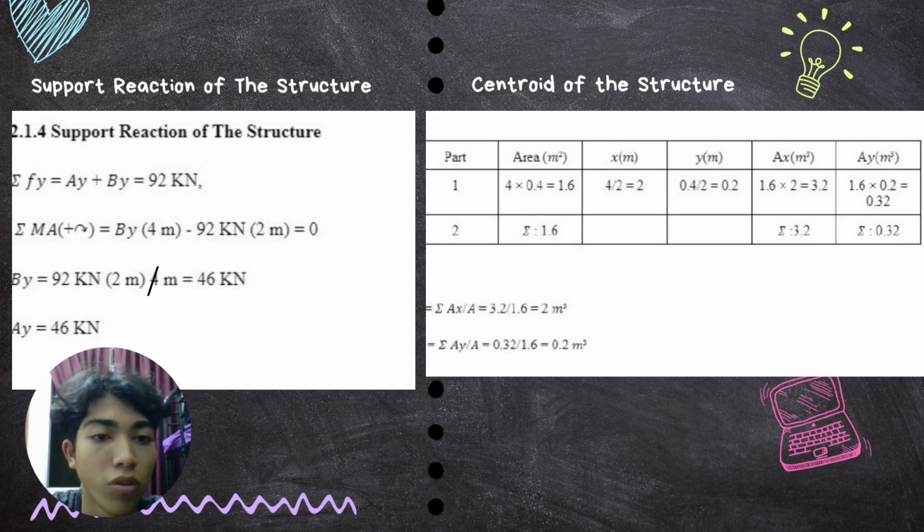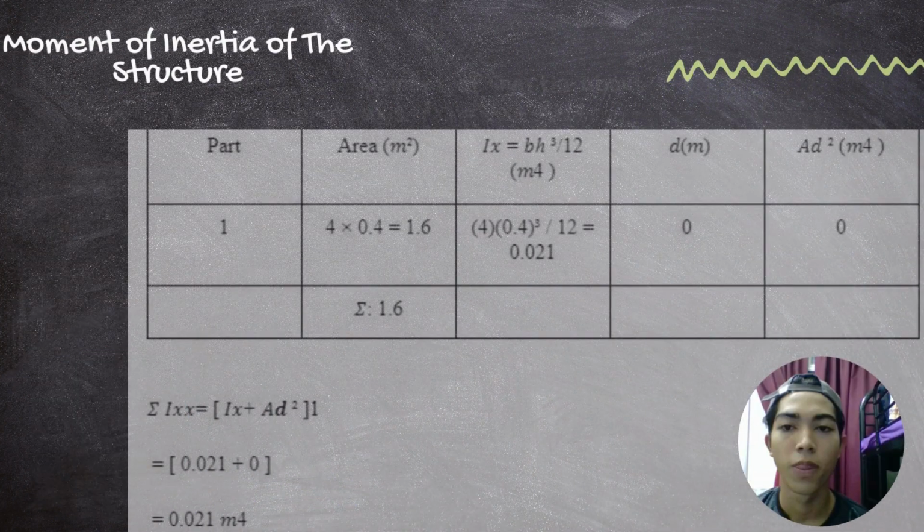Ax is 1.6 multiply 2 equals 3.2, so the summation is 3.2. Ay is 1.6 multiply 0.2 equals 0.32, so the summation is 0.32.